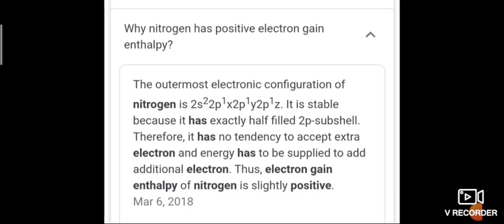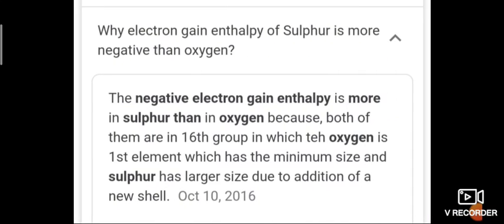The number of shells is more, so the tendency to keep an electron is similar to that of argon, so they both have similar electron gain enthalpy. So sulfur is more negative than oxygen.